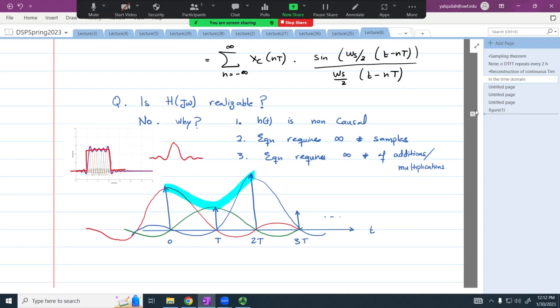So hopefully now everybody, when we say a low-pass filter, what is a low-pass filter? In the frequency domain, it's direct, it's going to cut everything, but we should also be able to understand it in the time domain. The time domain is the sinc. And that sinc is going to convolve with these impulses such that when I connect them, it's going to give me a low frequency signal. That is the original signal that I sampled.